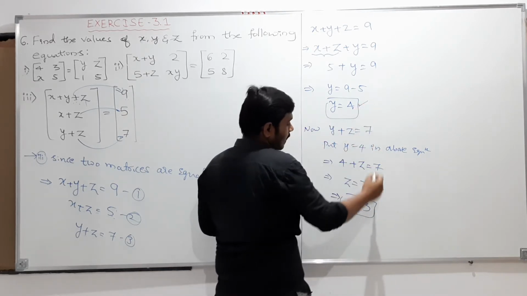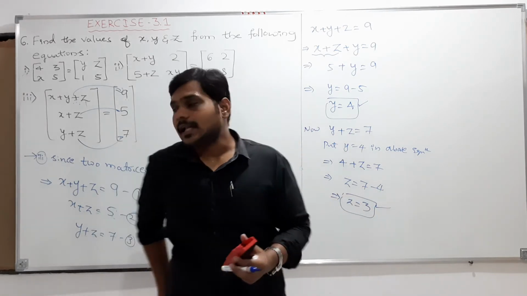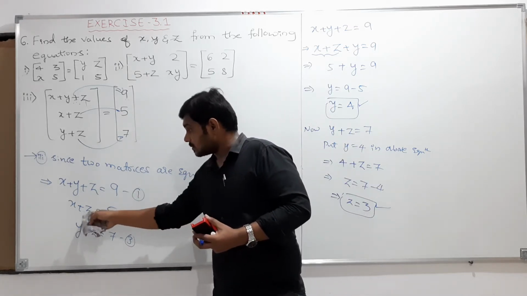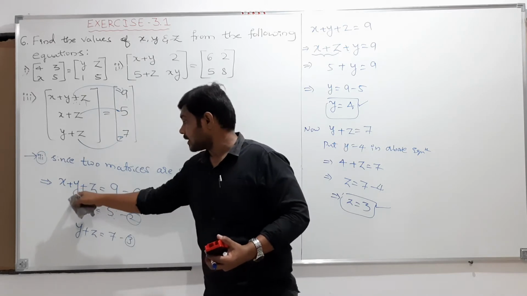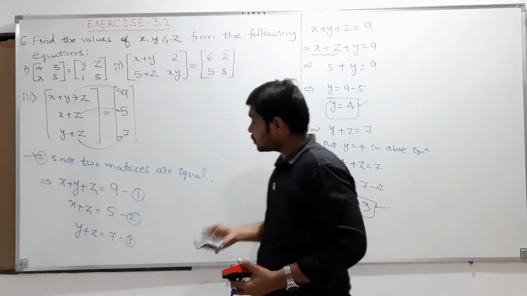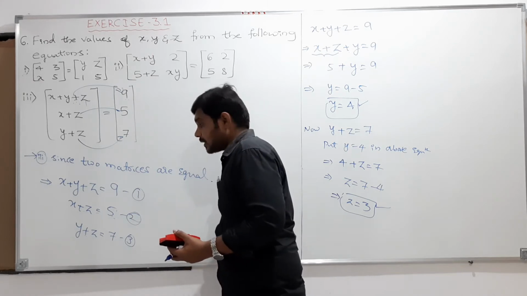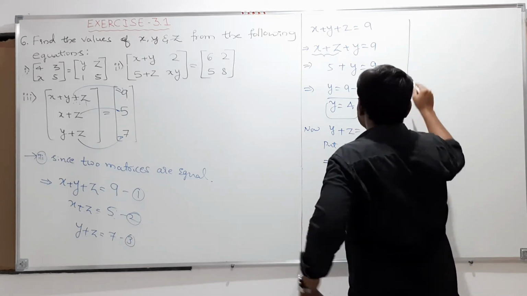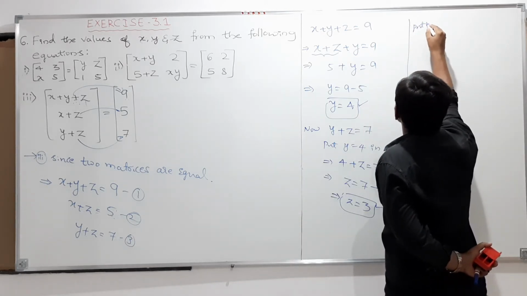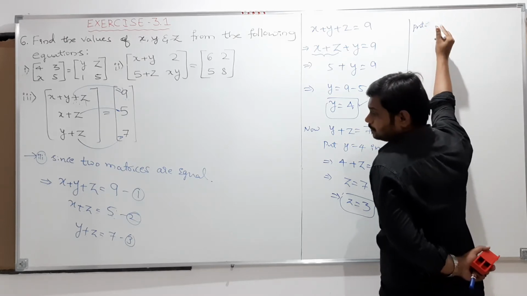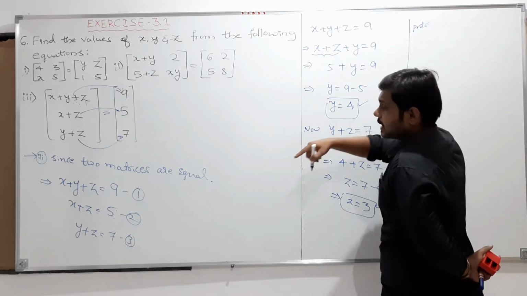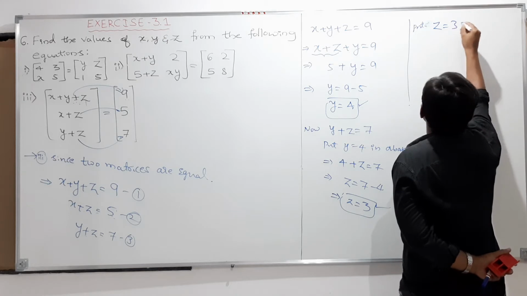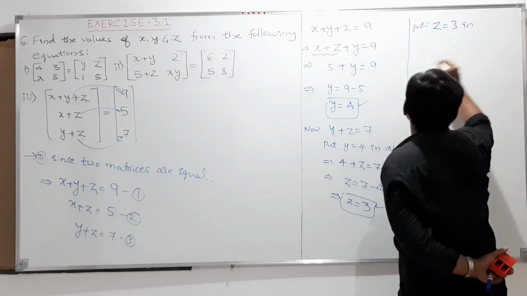We calculated the y value and we calculated the z value. Now in either equation 1 or equation 2, you can substitute the z value, or in this one you can substitute the y and z values. But if I substitute y and z values, the calculation will be a little more complicated. So I directly substitute z equal to 3 in equation 2.